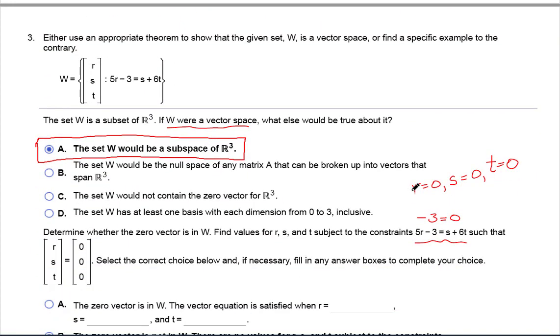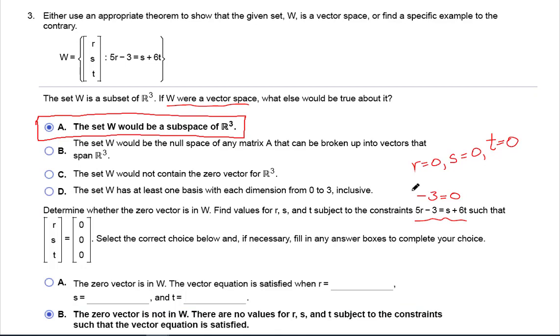Alright, in question 3, they give us a particular subset of R3. They are vectors of the form R, S, and T, but there is a relationship that must be true about R, S, and T, and that is given here on the right hand side.